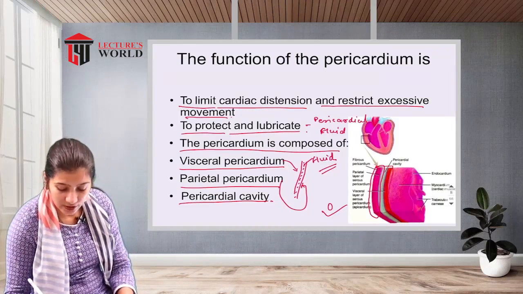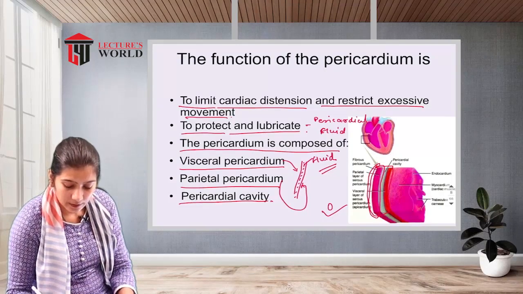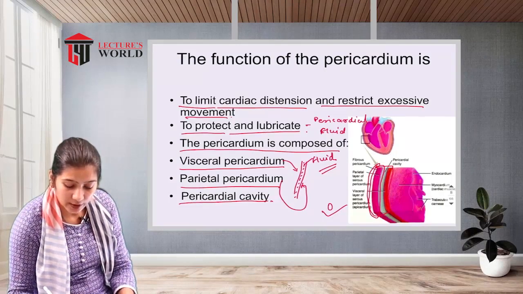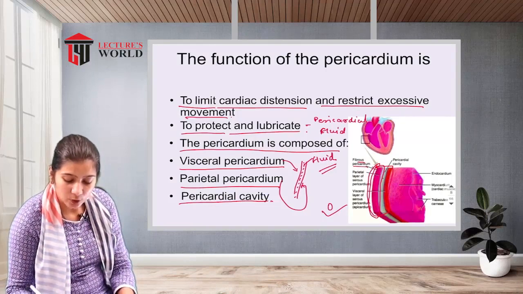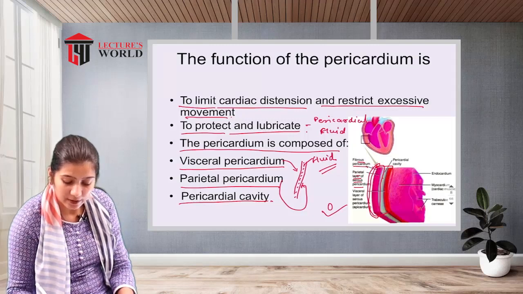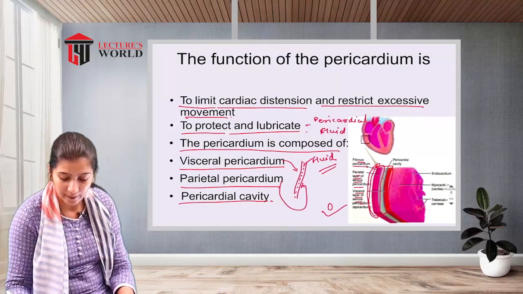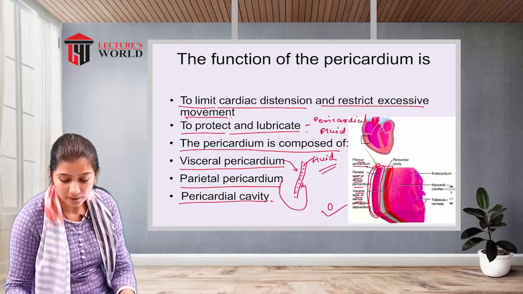There are three sections in the pericardium. The outer one is known as the fibrous pericardium. The inner two are the parietal layer of the serous pericardium, and this orange-colored one is known as the visceral layer of the serous pericardium. That layer is also known as the epicardium.